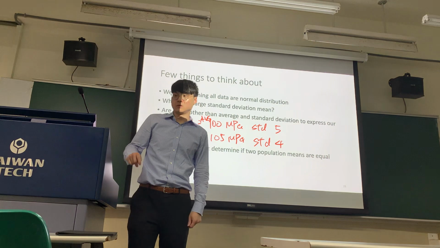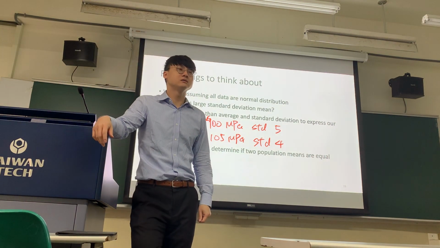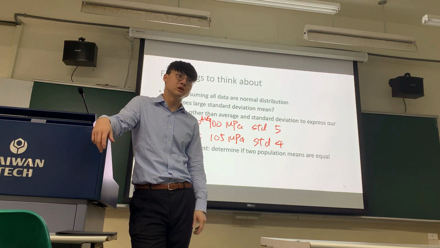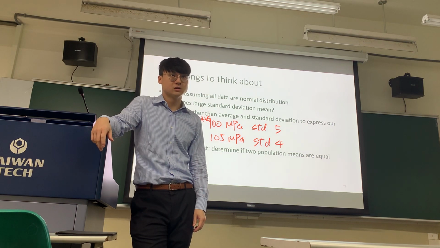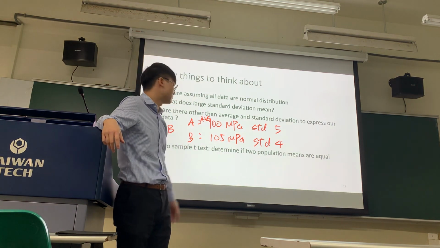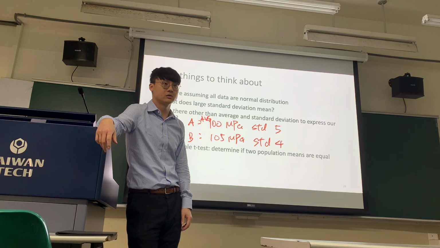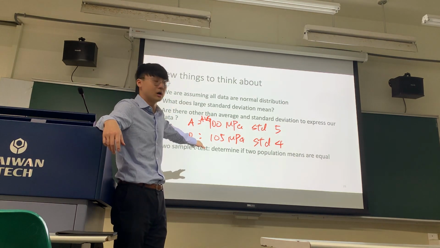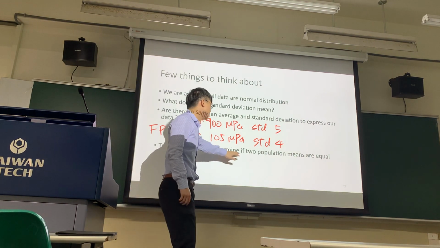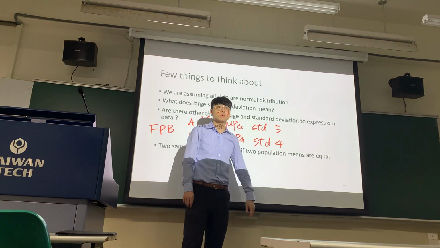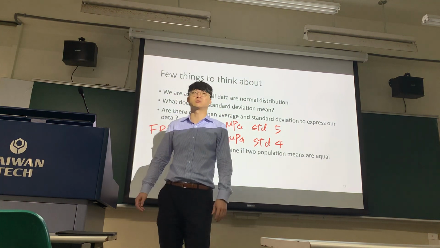Is that true? Now, for those of you who haven't taken statistics, I'm afraid to say that this is not true at all. Because if you do a two-sample t-test on your specimens, and this is very popular, what it does is help you determine if two population means are equal, and this is already done in industry as well.